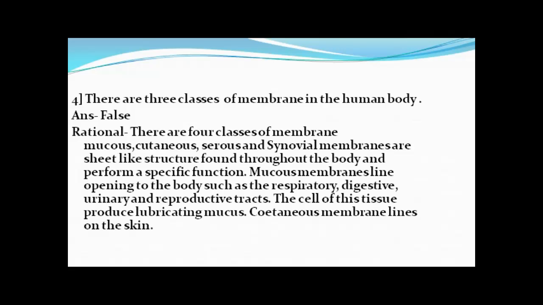Mucous membranes line openings to the body such as the respiratory, digestive, urinary, and reproductive tract. The cells of this tissue produce lubricating mucus. Cutaneous membrane lines the skin. So there are 4 classes of membranes.